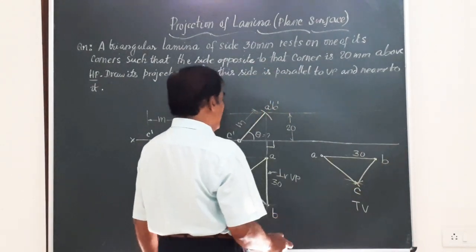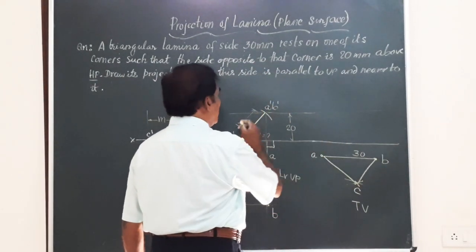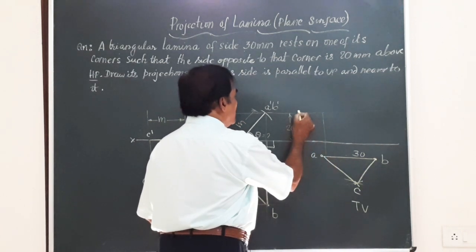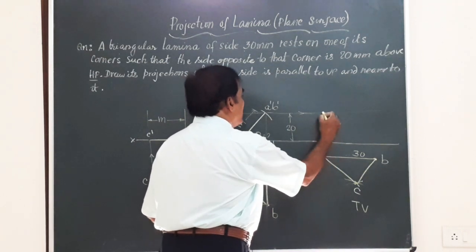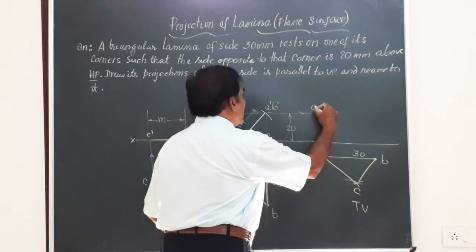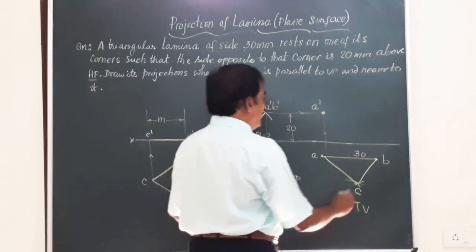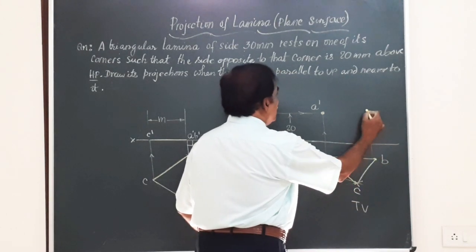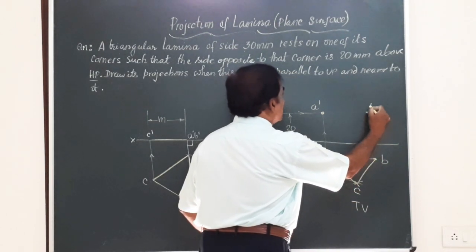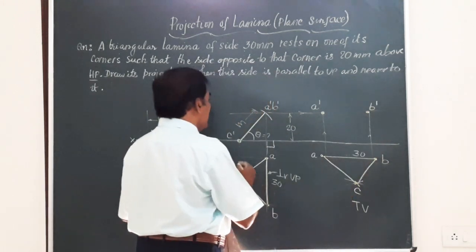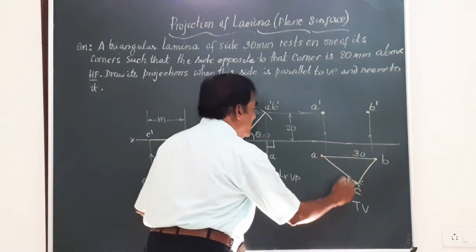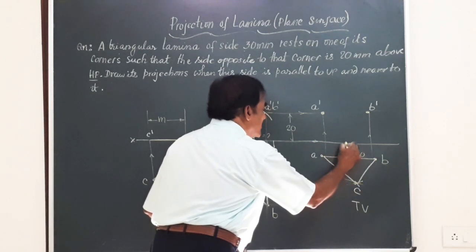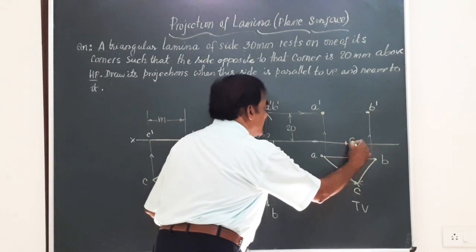You start from the point A, draw a vertical line from A and a horizontal line from here. The point where those two intersect, these two will intersect here, I call that point A dash. Likewise B, vertical from B, horizontal from B, these two are intersecting here, I call this point B dash. Finally, a horizontal from C and a vertical from C, they will meet exactly in the center of this. That point I call C dash.